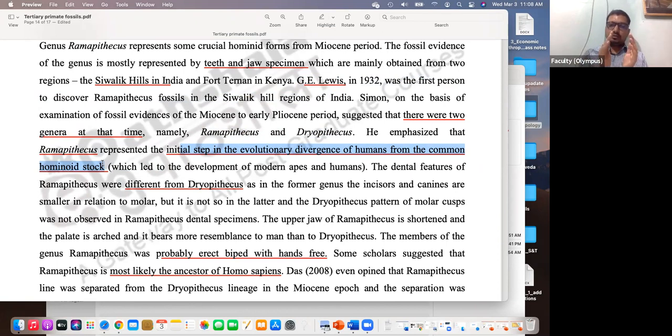Maybe Ramapithecus was that point just before humans and apes were created, meaning it was an ancestor to both apes and humans. So probably it was part of the stage before the divergence of humans and apes.